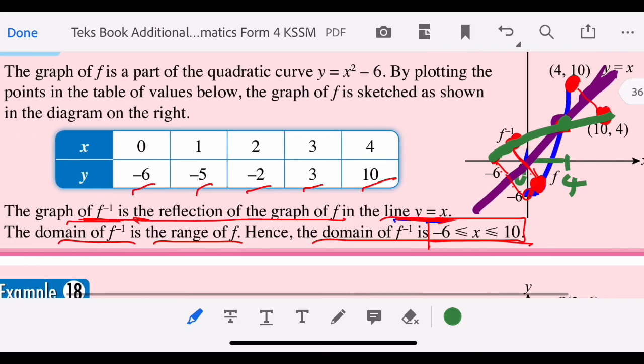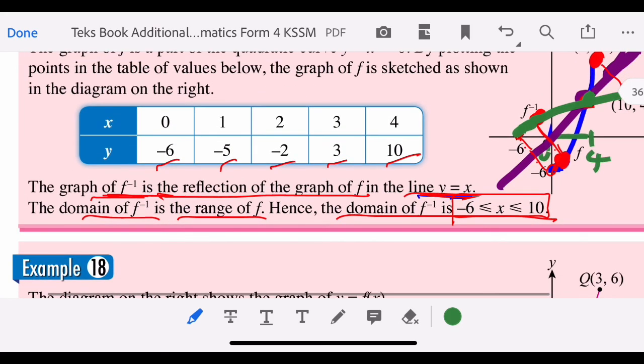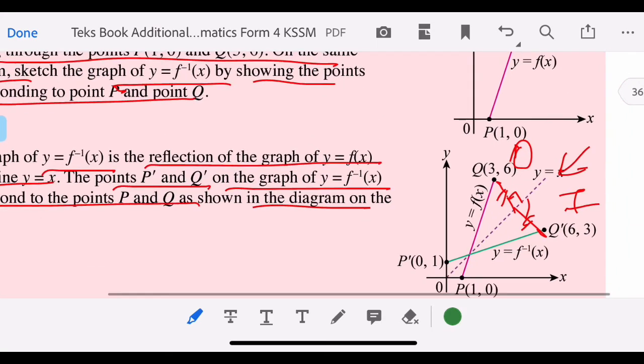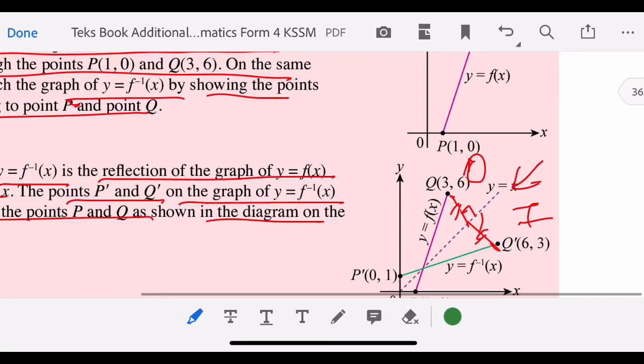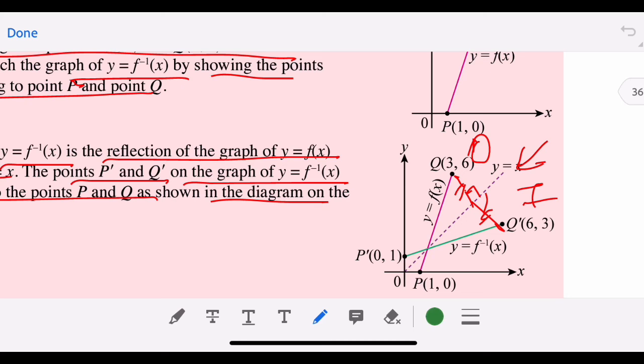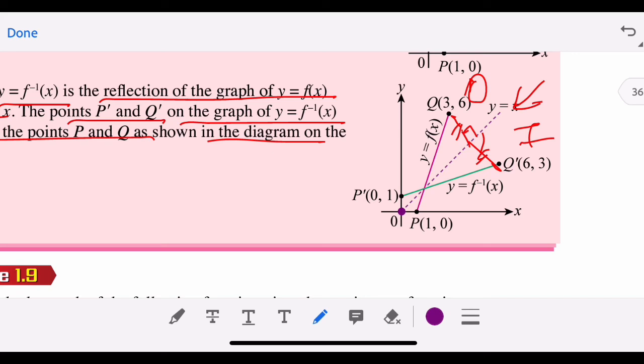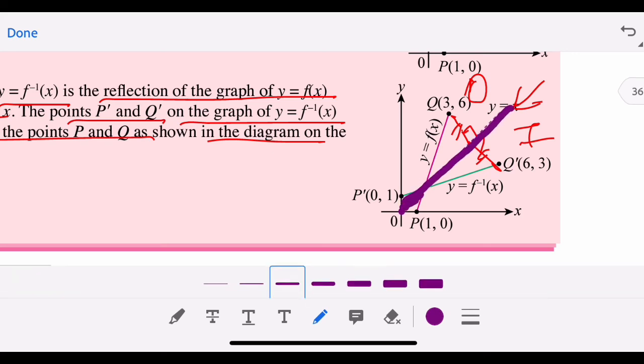So basically there is a concept for how you sketch the inverse function. For example, like this one also, we try to draw the line of reflection first, which is this one. It passes through the origin. This line must go through the origin.